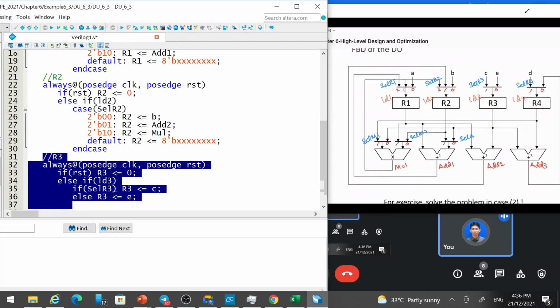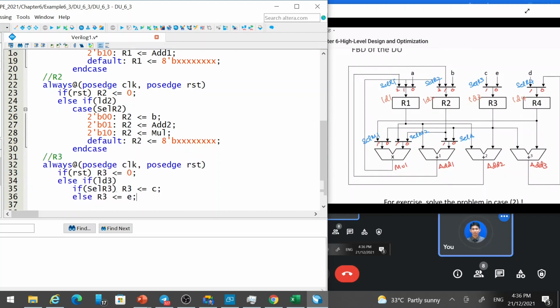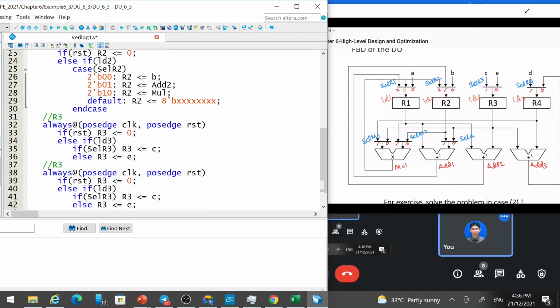R4 should be the same because it is a 2 to 1 multiplexer. So you can have R4 here. And of course, this is R4. This is SEL R4.